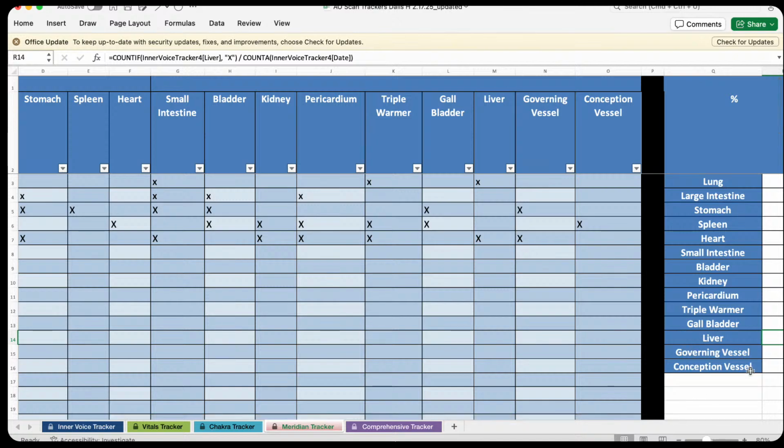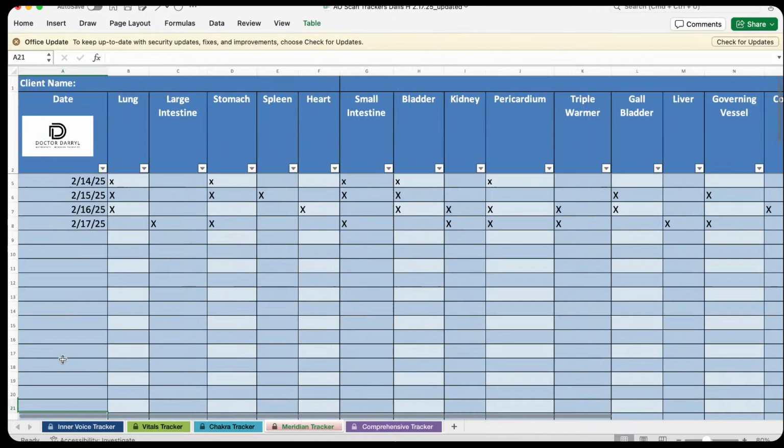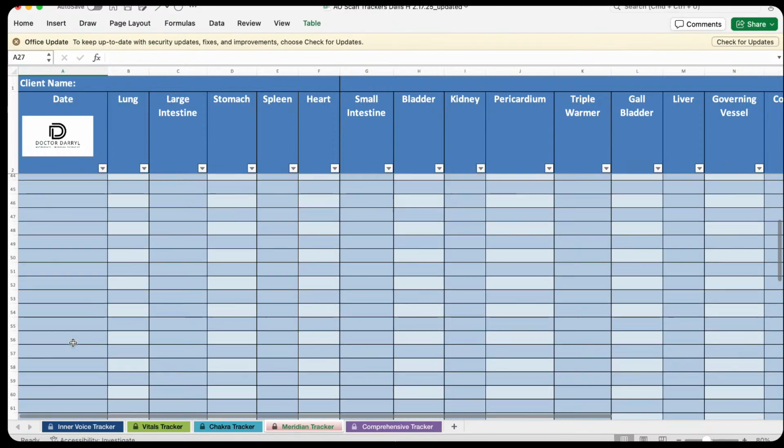All right, it looks like something got screwed up there with her meridians. Yep, that's there. For some reason the calculation did not compute.